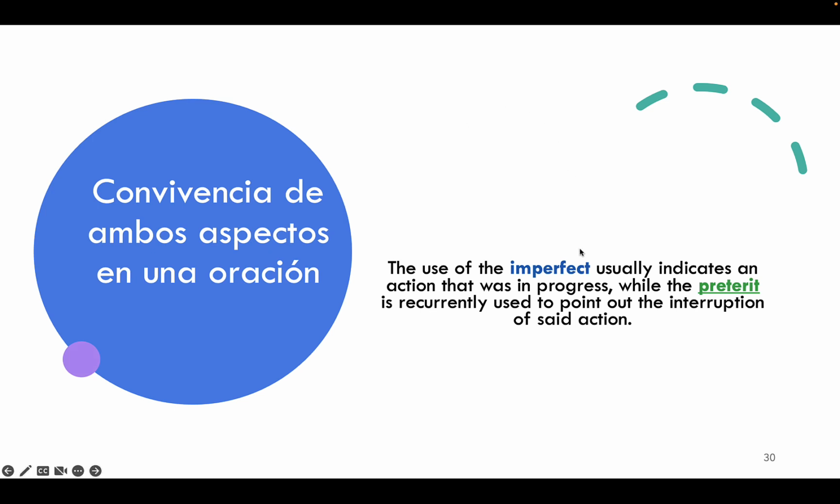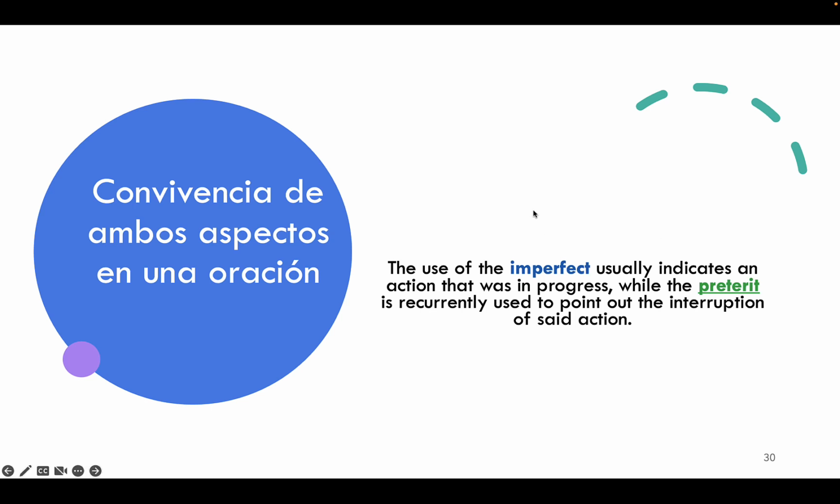So we're going to use the imperfect usually to indicate the action that was in progress, while employing the preterite to basically reflect the moment or the point when the interruption did take place.